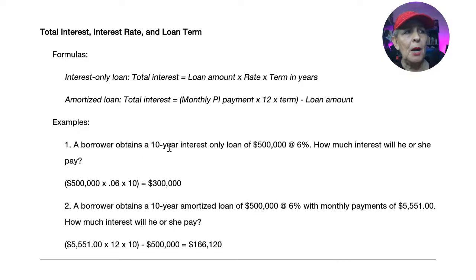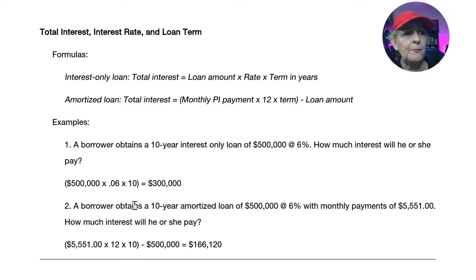So example, a borrower obtains a 10-year interest-only loan of $500,000 at 6%. How much interest will he or she pay in those 10 years? So 500,000 times 0.06, which is the interest rate, times 10, which is 10 years, equals 300,000. So that is the interest that they will pay in 10 years.